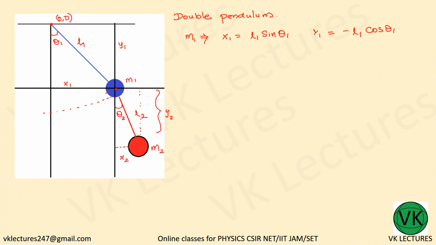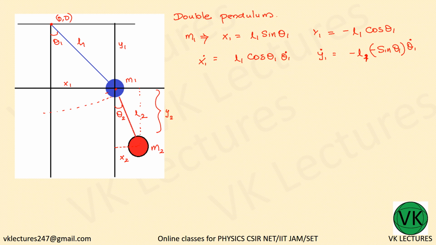So m1 with x1 and y1 is done. Now x1 dot is equal to L1 cos theta 1 theta 1 dot, and y1 dot is equal to minus L1 minus sine theta 1 dot.